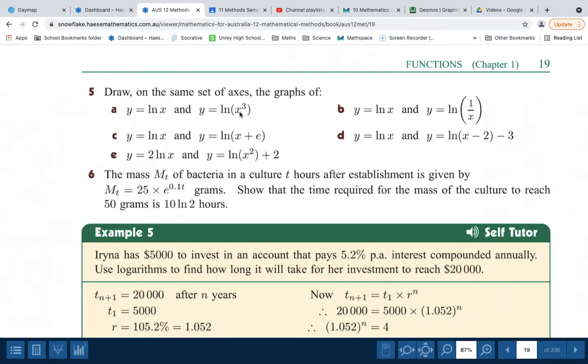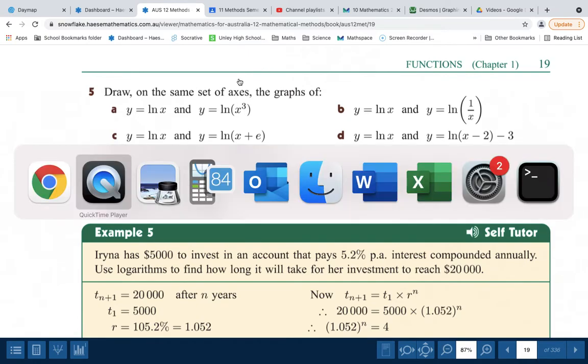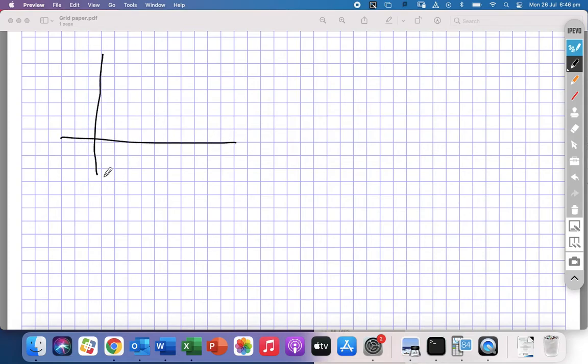Basically, any x values that I put into this function here, y equals log of x cubed, those x values are going to get cubed, and therefore the curve will increase a bit quicker, i.e. I can try and give you a very rough sketch.